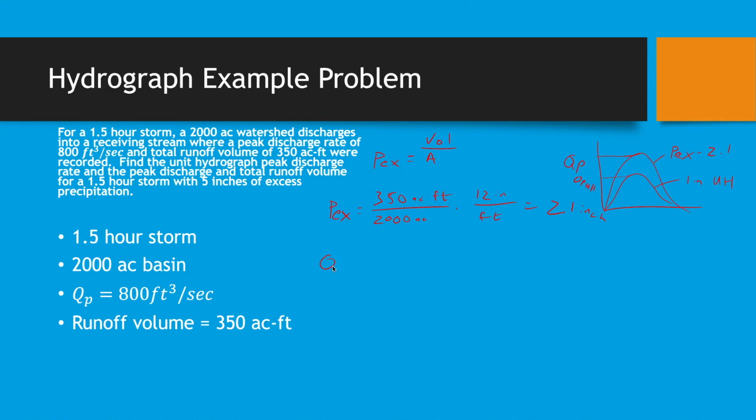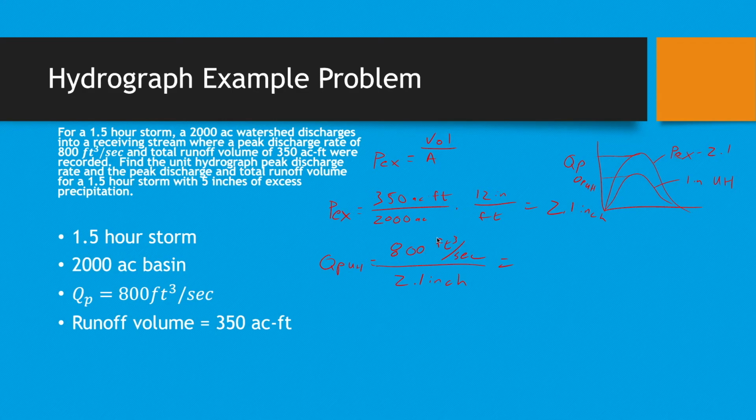It's just going to be whatever it is for the information you have. In this case, we have it for 800 cubic feet per second. And then we're going to scale that. Now, I say scale because that's really what we're doing.